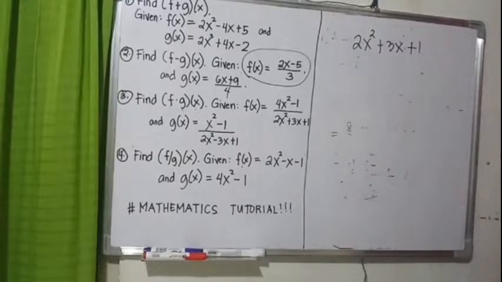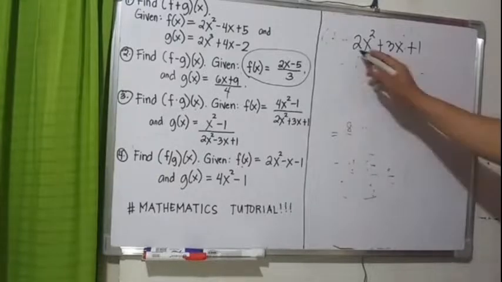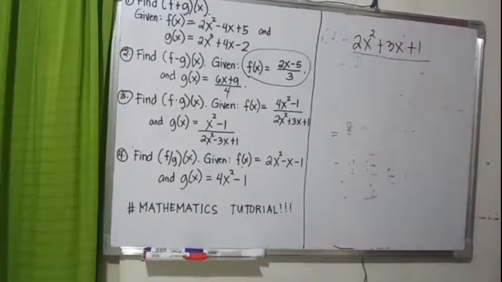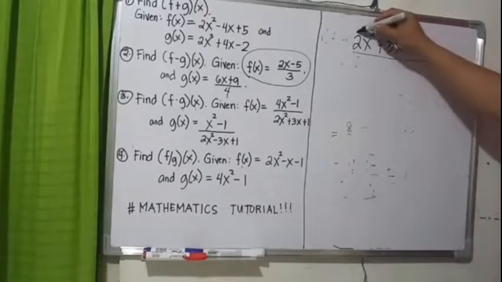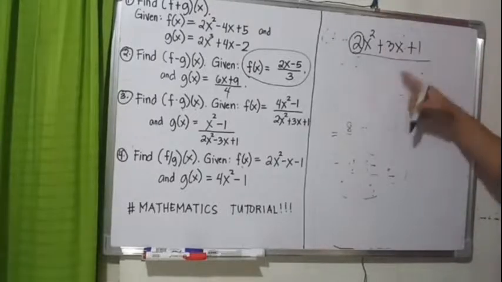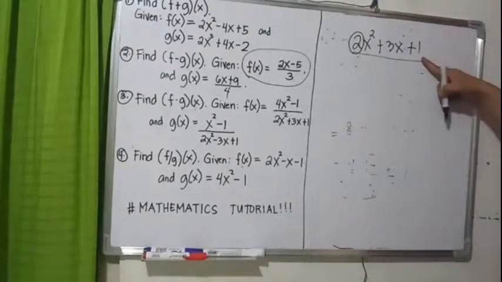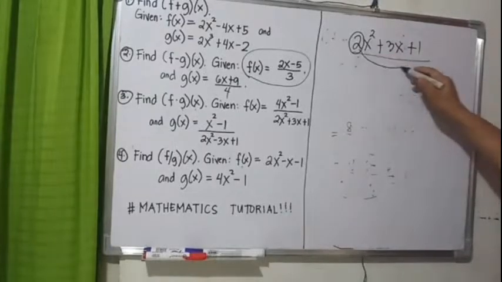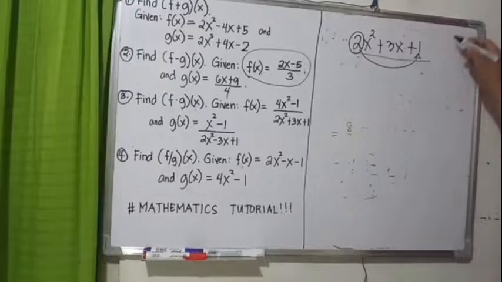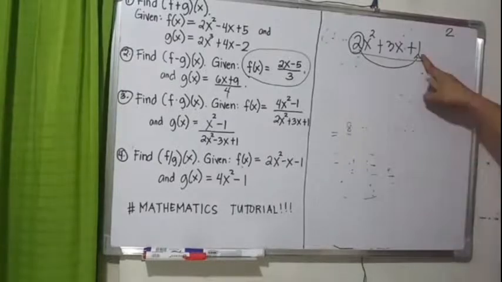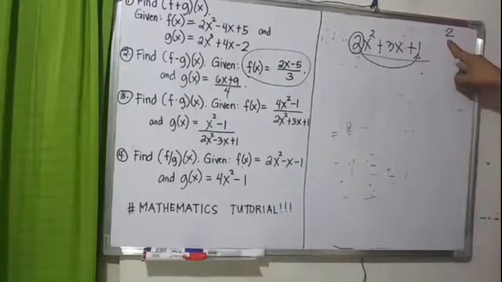Okay, to find the factor of this given quadratic equation, tingnan natin yung numerical coefficient of the first term. So, ang numerical coefficient of the first term is 2. I-multiply natin yan sa last term. So, 2 times 1, that is 2.